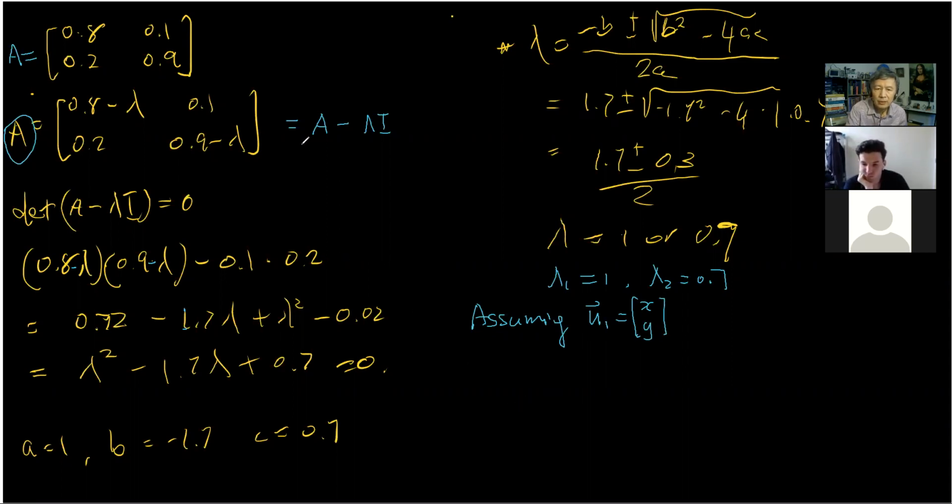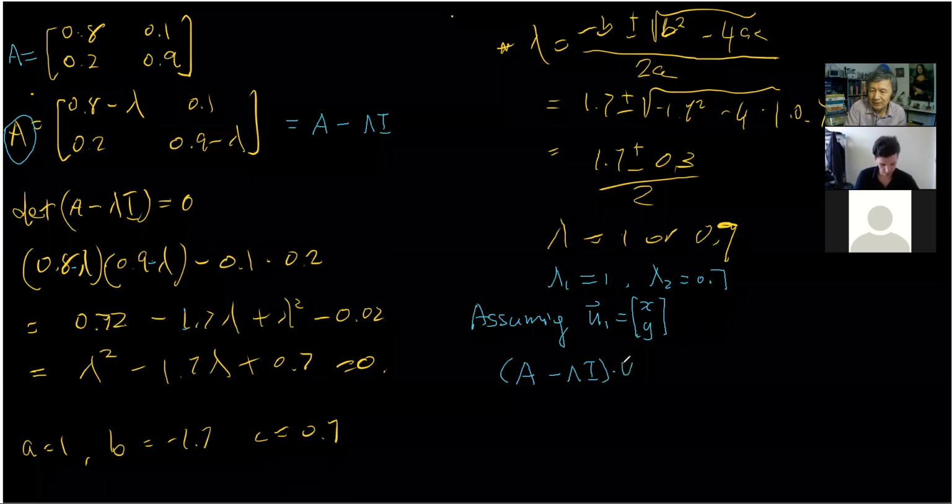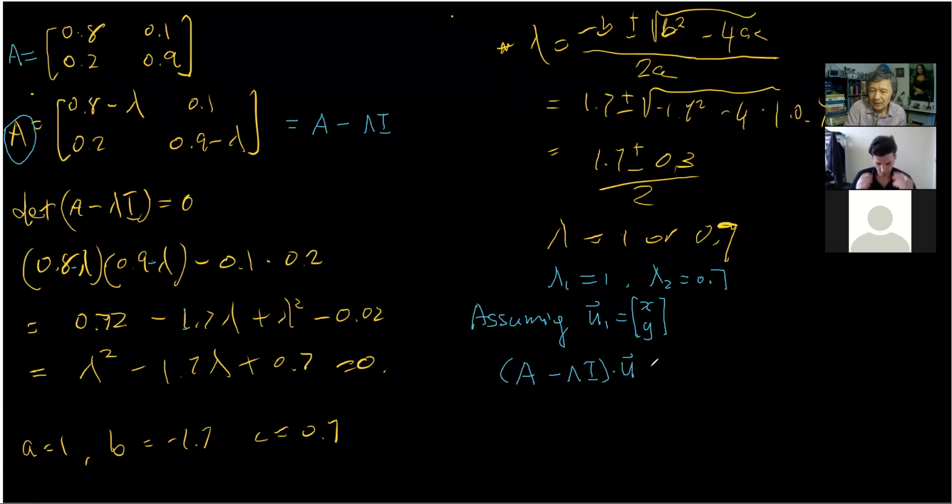So therefore, if you remember how we solved this problem, A minus lambda multiplied by the identity matrix, multiplied by this particular vector, equals 0.